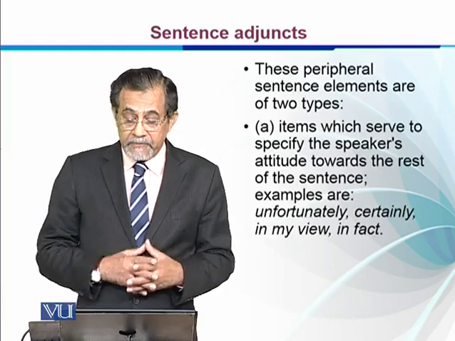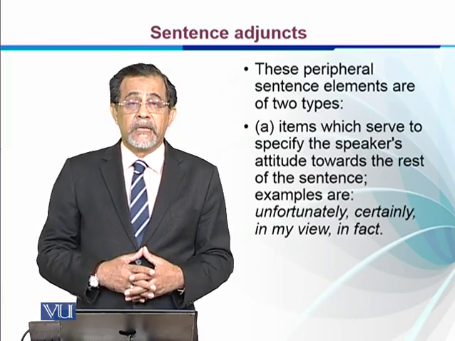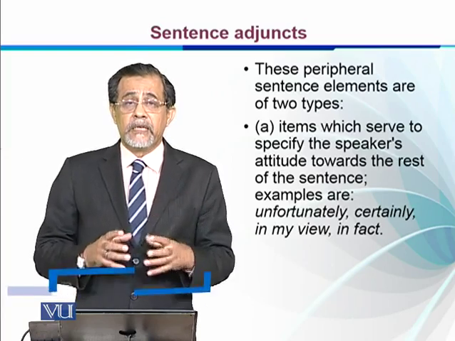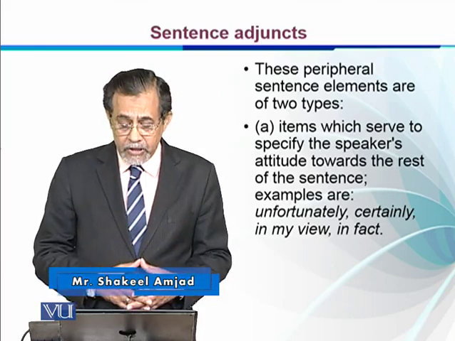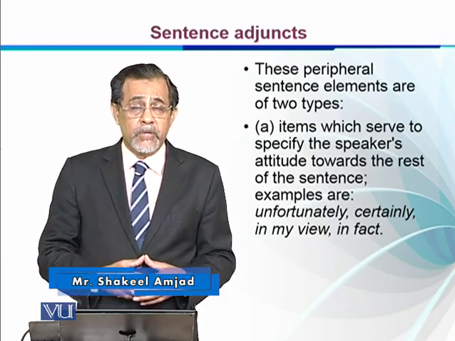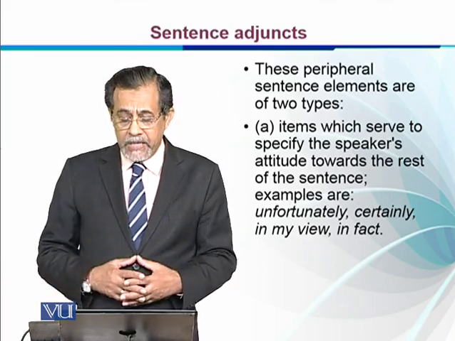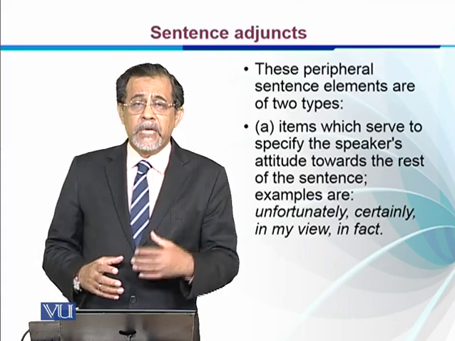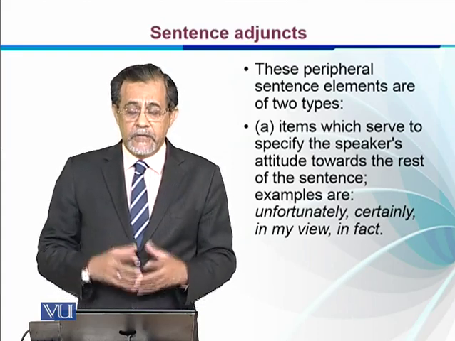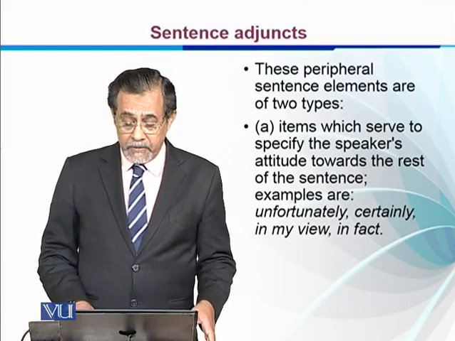One, items which serve to specify the speaker's attitude toward the rest of the sentence. They express or describe the attitude of the speaker about what is being told. For example, words like unfortunately, certainly, in my view, in fact. So, they are peripheral elements.